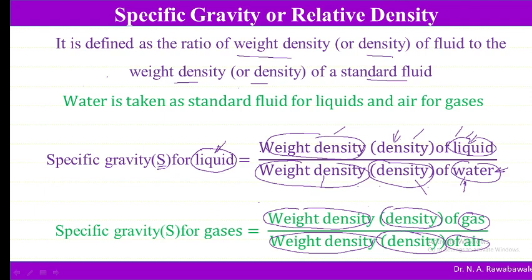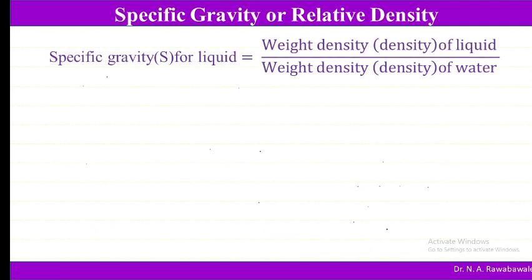So now from this specific gravity or relative density, we can find out density or weight density of the liquid. How we can find it, that we see. For example, this is the equation for specific gravity for liquid. In the numerator there is weight density or density of liquid, and in the denominator weight density or density of water. So transferring this term which is in the denominator to the left hand side, it will come into the multiplication on the left hand side.